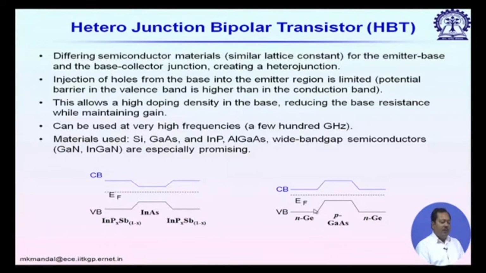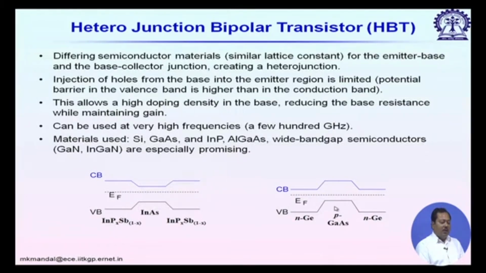Now, at room temperature the Fermi levels will align themselves throughout the structure. So, accordingly we can draw the band diagram. For N type germanium, the conduction band is close to the Fermi level, and for p type gallium arsenide the valence band is close to the Fermi level.